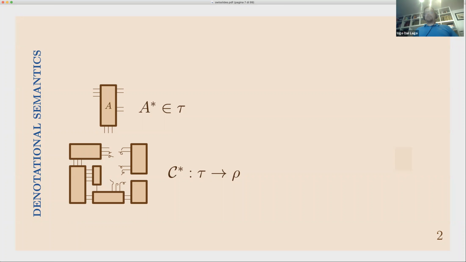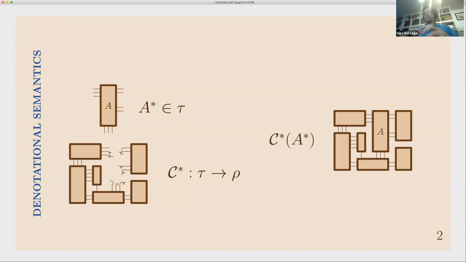And then their interpretations are A star and C star, which can be composed one inside the other to give you the interpretation of the whole system, so the system obtained by plugging A inside C.